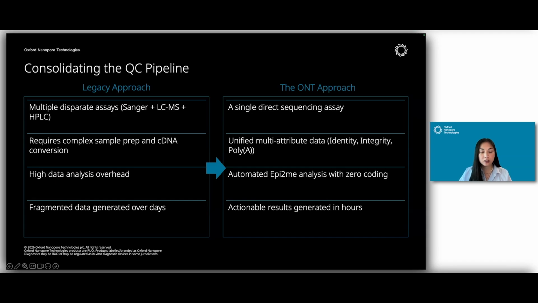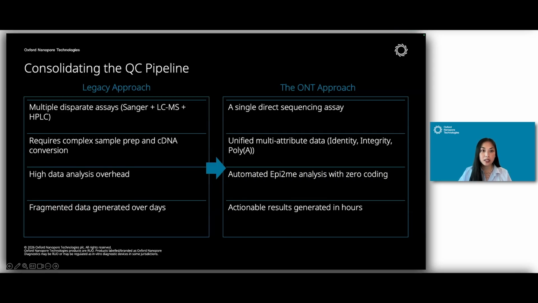With this compare and contrast, you can see that we're consolidating all of these legacy QC pipelines into one single direct sequencing assay. Previously, things would require complex sample prep and possibly even cDNA conversion for the likes of mRNA vaccine QC, whereas with the Oxford Nanopore approach, we have a unified multi-attribute assay that looks at identity, integrity, and poly-A tail length.